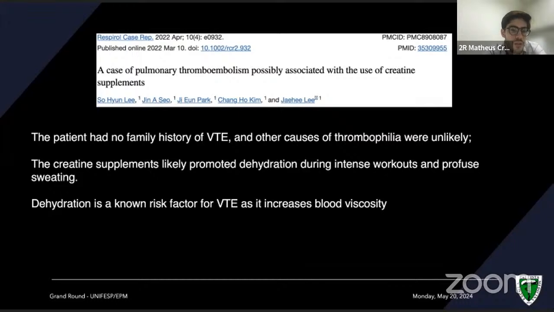The article said that creatine supplements promote dehydration during intense workouts and profuse sweating. Dehydration is a risk factor for thromboembolism, and it increases blood viscosity. We didn't find articles about the use of creatine related to ophthalmological causes of occlusion, but it could be a risk, as the article said, and our patient was using these kinds of supplements.